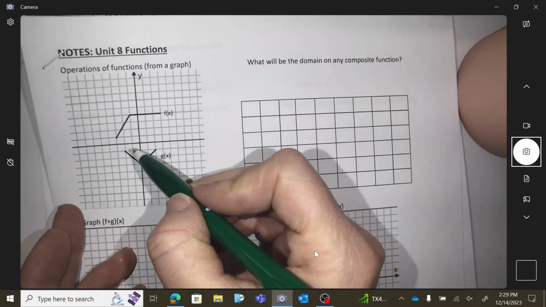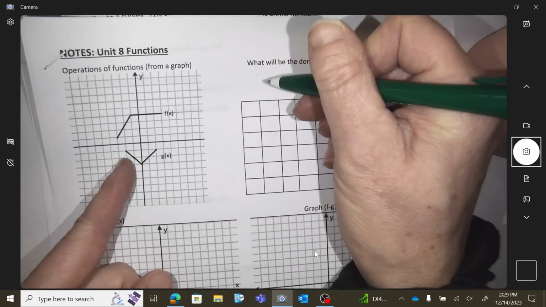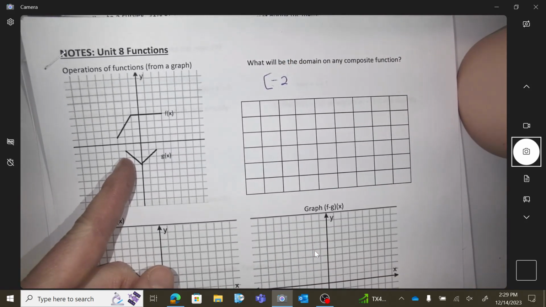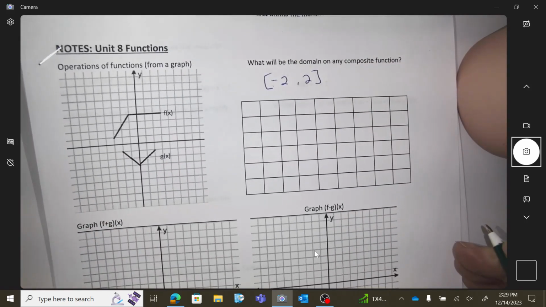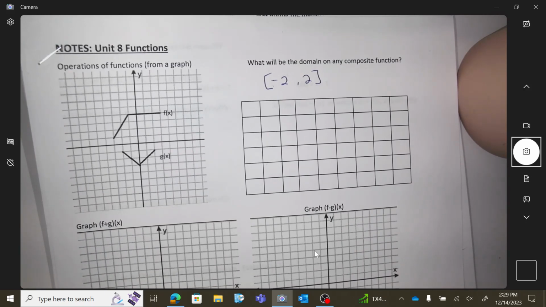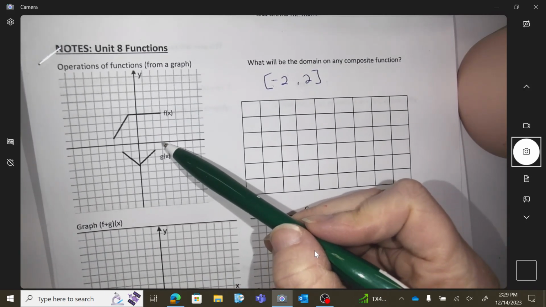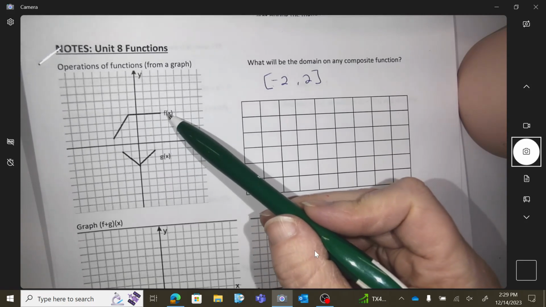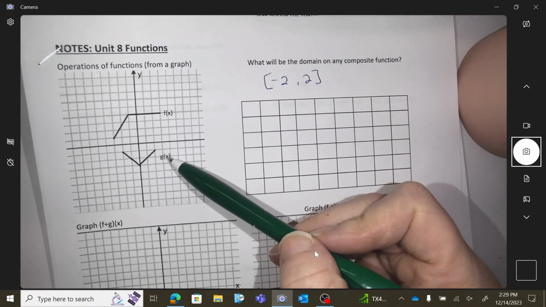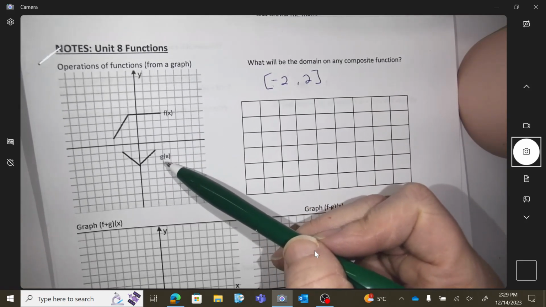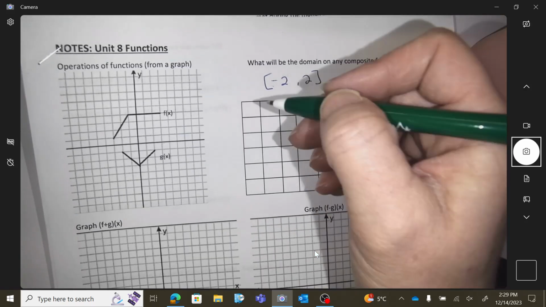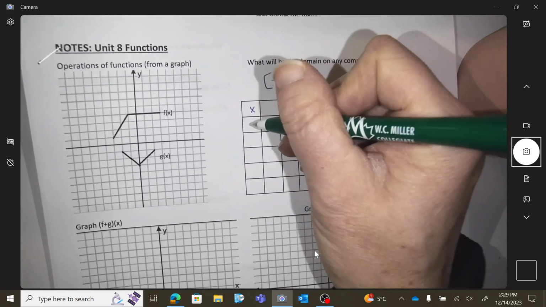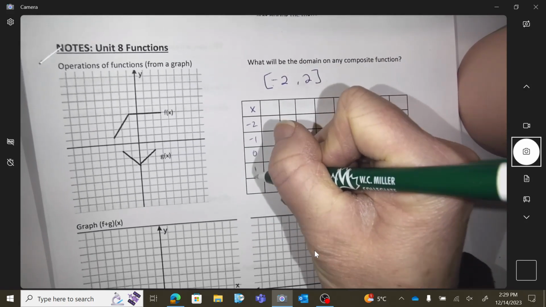So would we agree that I could start at -2 and I could go up to 2 because they both exist. Do you see that if I went to 3, the f function exists, but the g function doesn't. So I can't go there. Okay, so that's this whole concept. So what I'm going to do is go x, -2, -1, 0, 1, and 2.